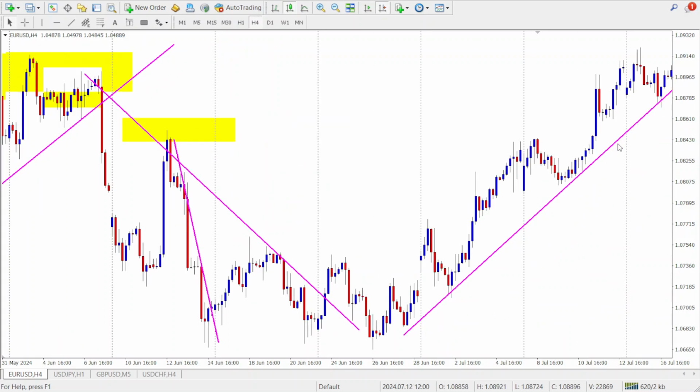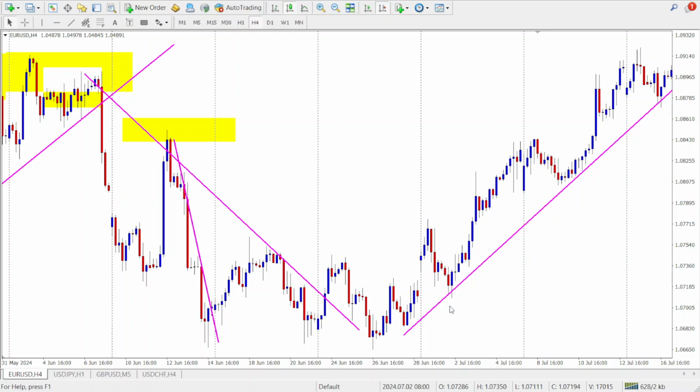Now, an order block might have formed at the bottom of this downtrend. Remember that order blocks represent areas where institutions placed orders to drive price higher. In this case, it's going to be buy orders. Institutions place buy orders, that's why it's a bullish order block. They place buy orders to drive price higher.